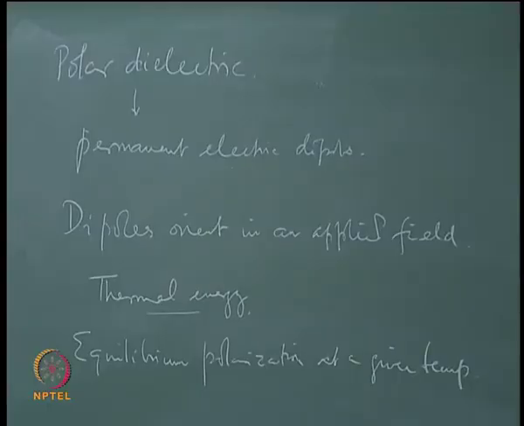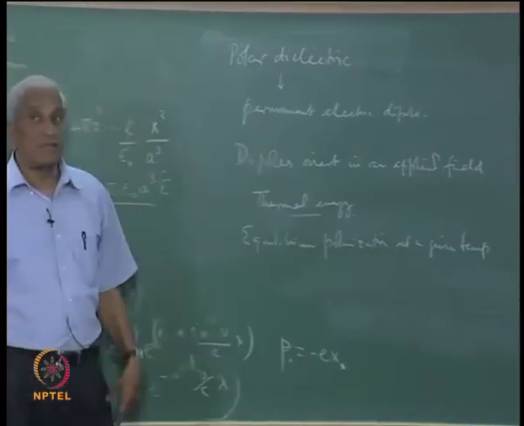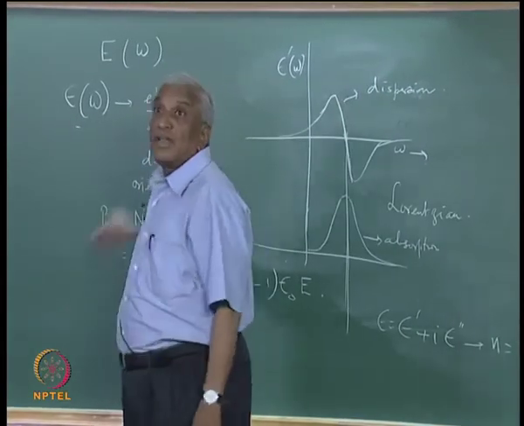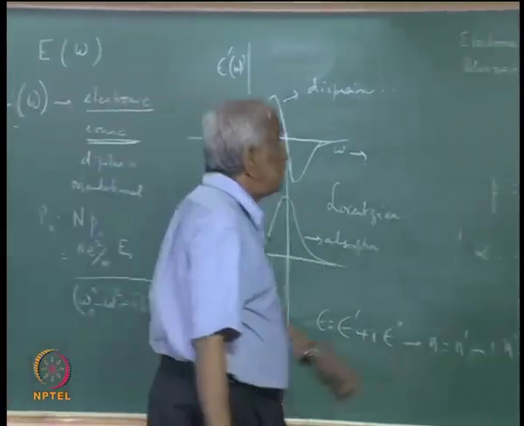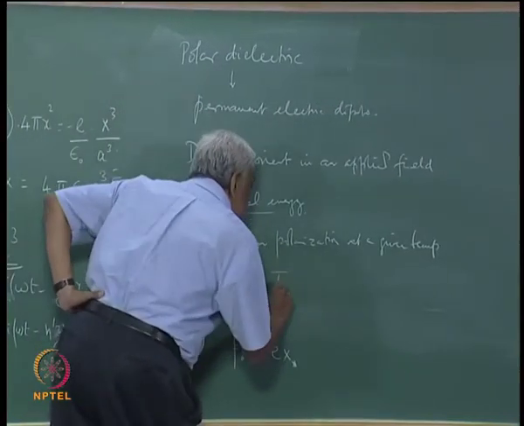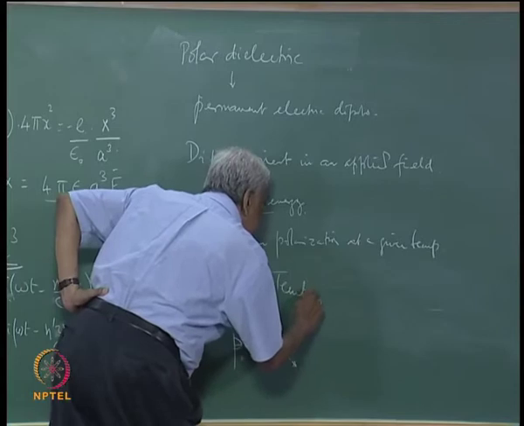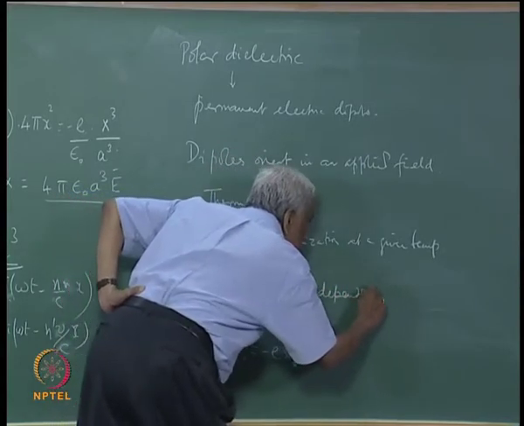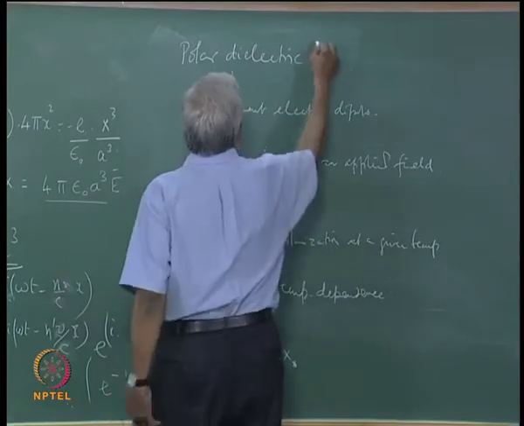So, this can be easily calculated, and this is a temperature dependent process, unlike the induced dipole mechanism, the electronic or ionic mechanism, because the thermal energy is more. So, there is a temperature dependence for the orientational polarizability.